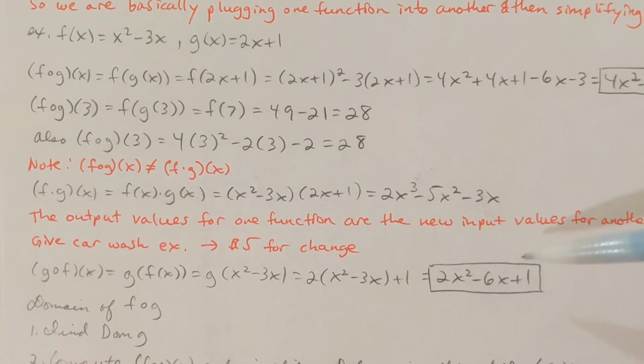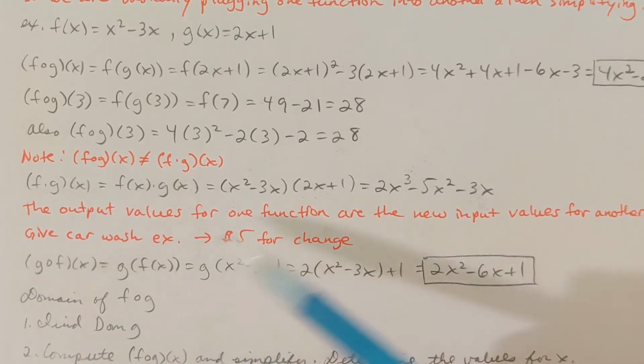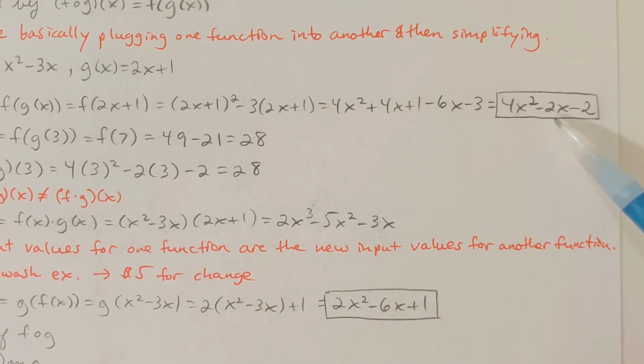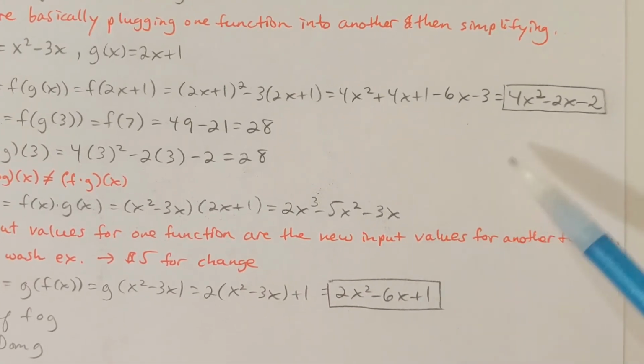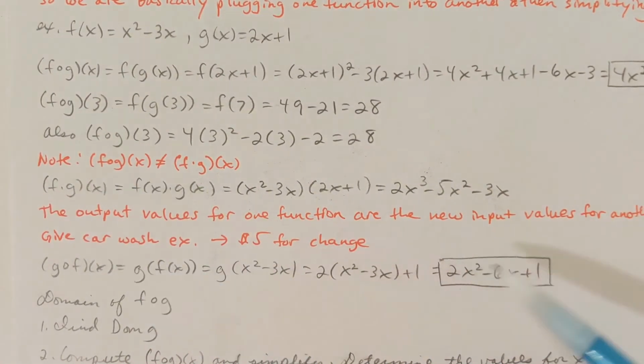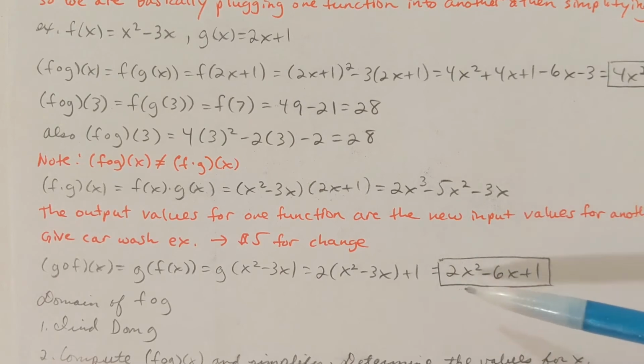So that's 2x squared minus 6x plus 1. Now notice how g of f of x is not the same as f of g of x. Completely different. Now sometimes these do end up being the same. When that happens, it's special, and the function that we have is called the inverse of another function. We'll talk about inverses in the next section. But the point is that f composed g of x is related to an inverse function.